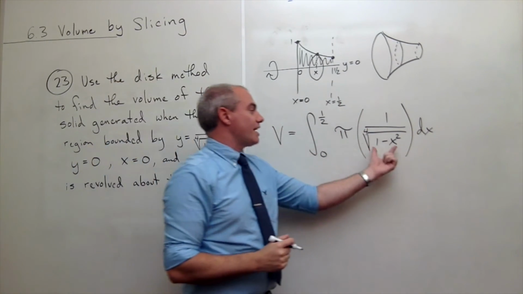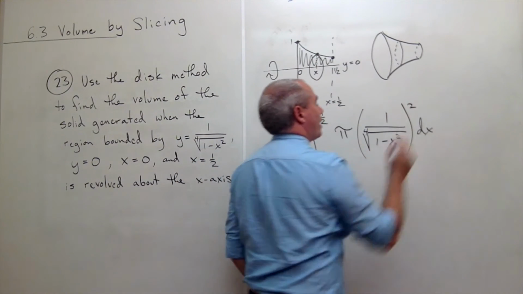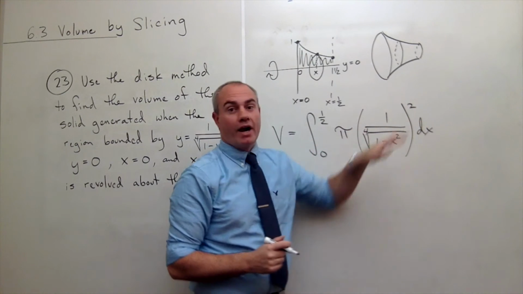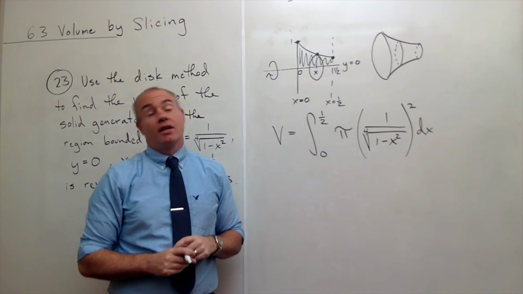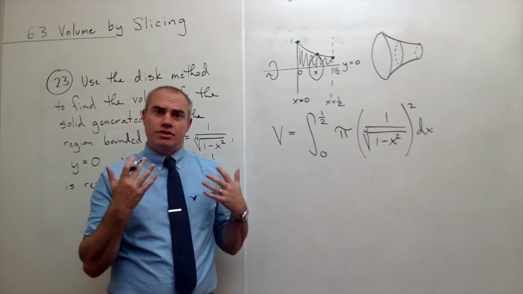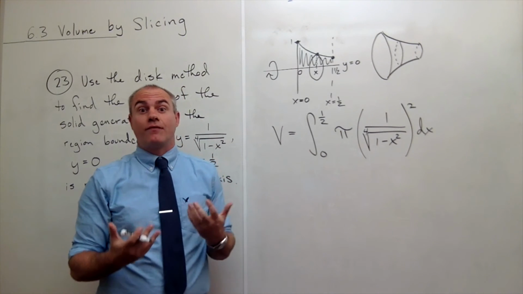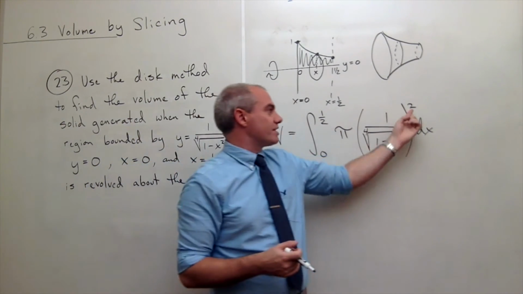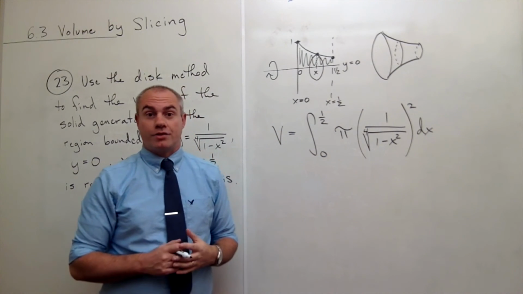And then I need to take this quantity and square it. So I have pi r squared. You should always check that at the end. Did I even set the formula up right? Did I do pi r squared? It's really easy to miss this square if you don't ask the question.